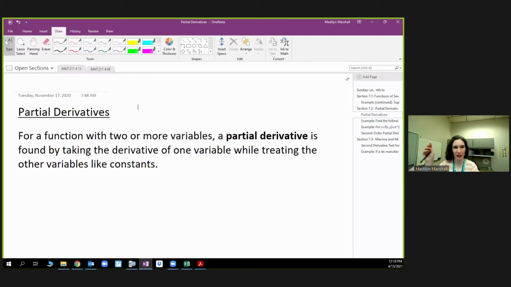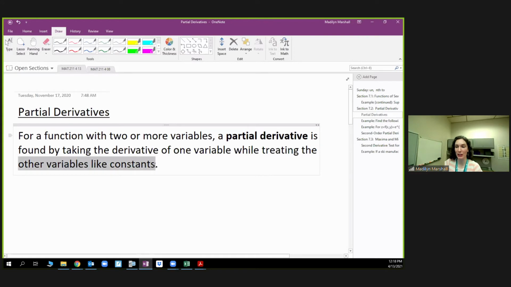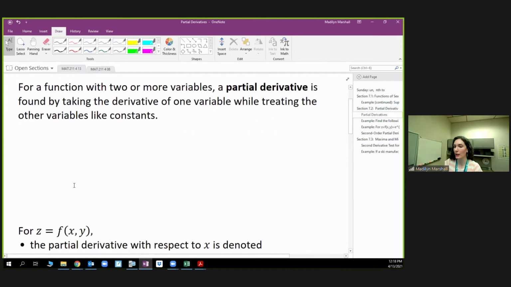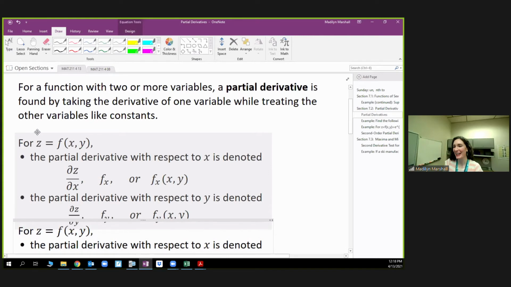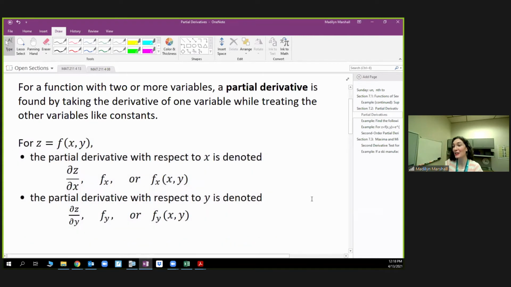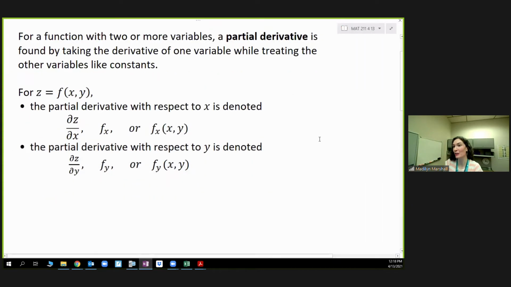They can be added, whatever. So the weird thing about partial derivatives is that our other variables, we're just going to pretend are constants when we're doing these derivatives. Before we do an example, there are a handful of notations for partial derivatives.